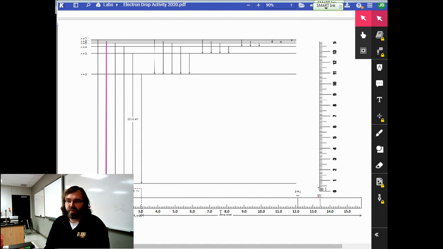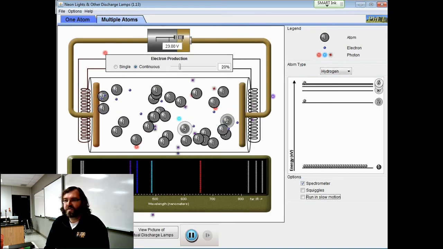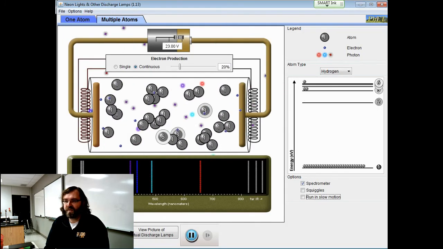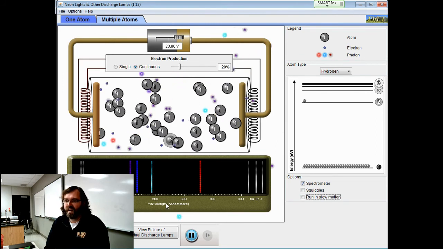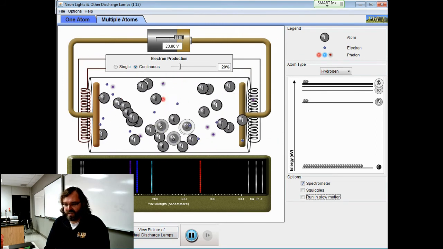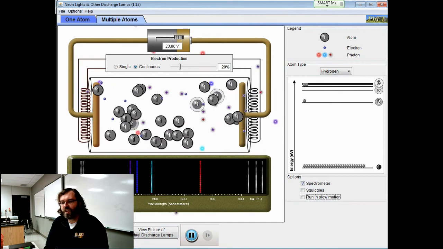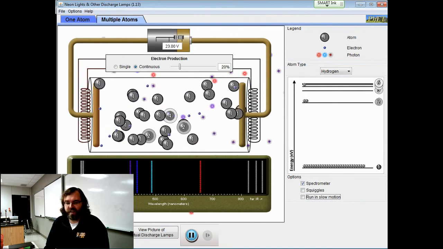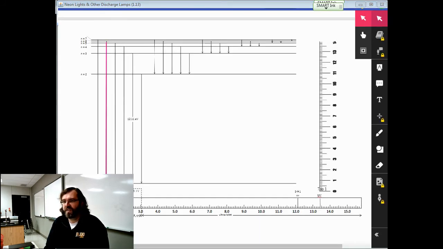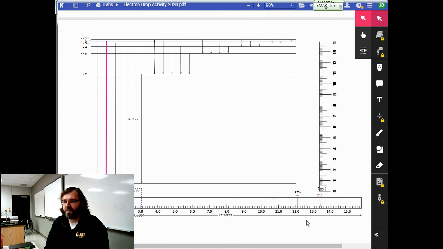That's basically what the spectrophotometer does in the simulation. Let me go back to the simulation here. So basically, it's my wavelength spectrophotometer here, but it's not wavelength; it's energies that I'm representing. So I'm measuring the energies, putting it on the scale, and then that would match up to certain wavelengths.